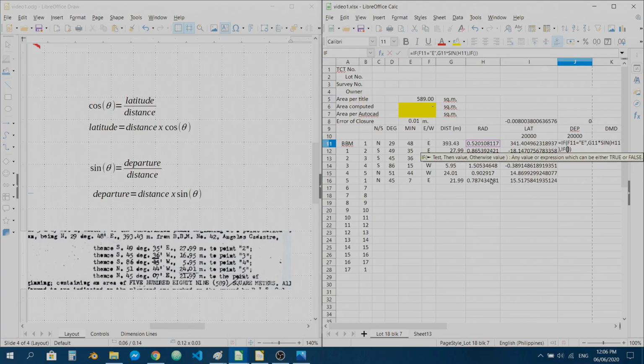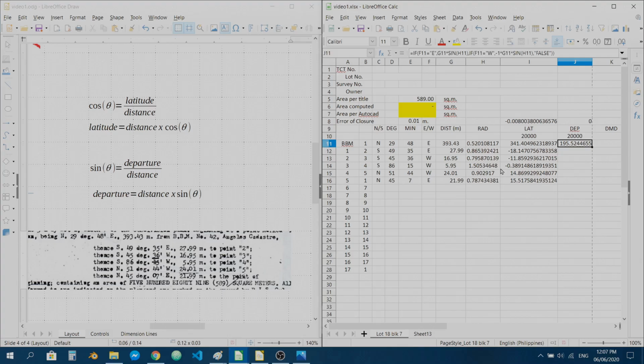Otherwise, if this is equal naman sa west, which is we use the negative naman, then -1 times this, times -1 times the sine of this region. Okay, otherwise let's say false again.